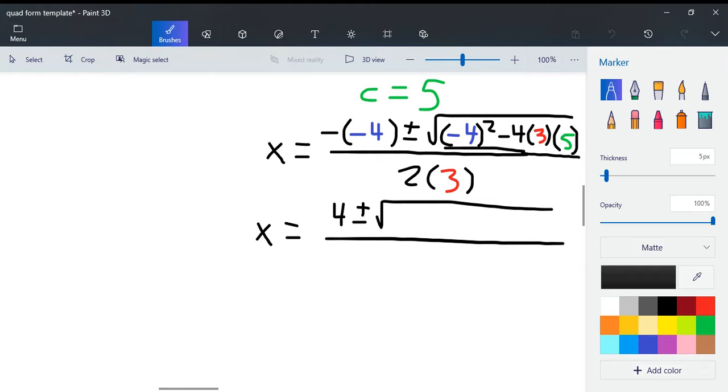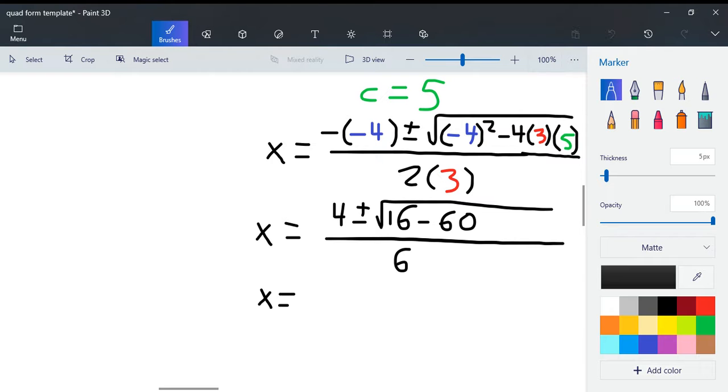You could type all of this stuff inside the radical into your calculator if you want to, or you can do it by hand. Negative 4, when you square it, is a positive 16. 4 times 3 times 5 is minus 60. Your denominator, 2 times 3 equals 6.